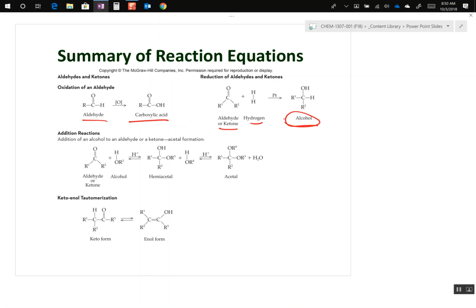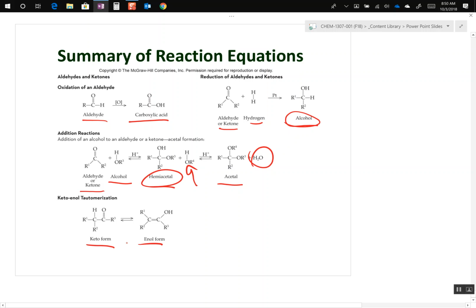A ketone is going to reduce into a secondary alcohol. So here we have aldehydes and ketones reacting with an alcohol, which will form a hemiacetal. And then, if it reacts with a second alcohol, it will form the acetal plus water. So H2O will be a product of that final reaction as well.